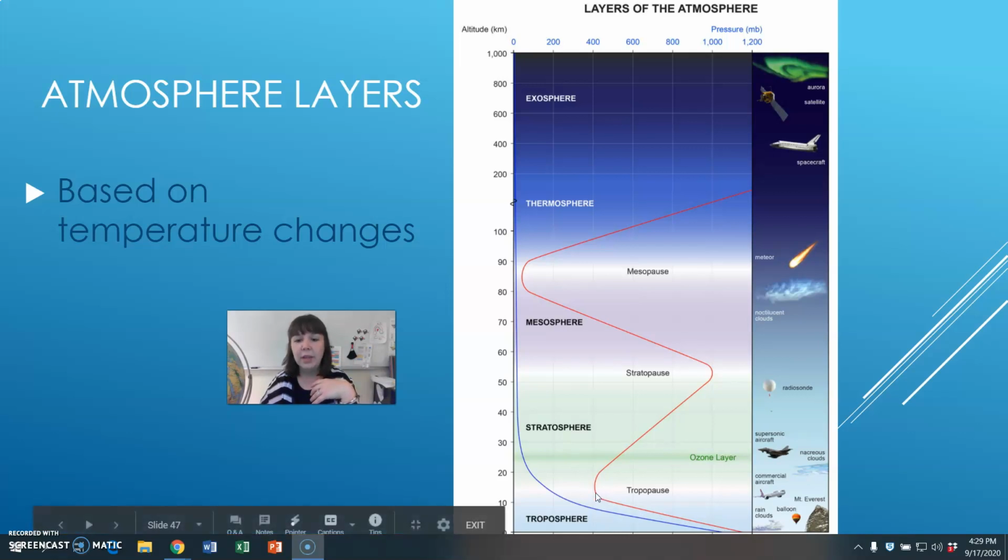As you get from the troposphere to the stratosphere, if you make that transition there, then your temperature starts to go up. Weird, huh? The reason is this ozone layer right here. This ozone layer is absorbing UV radiation, and that absorption of radiation makes it warmer. So the higher you go in the stratosphere, the warmer it gets.